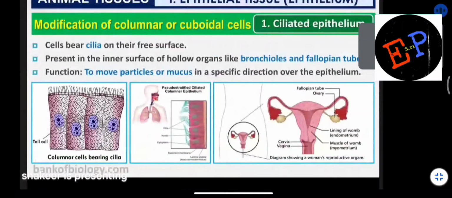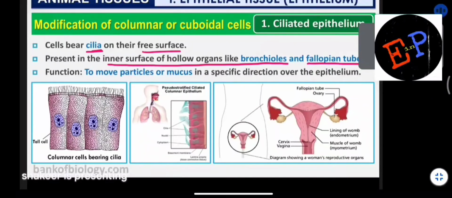First one, ciliated epithelium. Where do you find the ciliated epithelium? In columnar as well as cuboidal, that you should not forget. Cells bear cilia on their free surface. Cilia means hair-like structures. They are present in the inner surface of hollow organs like bronchioles and fallopian tubes.